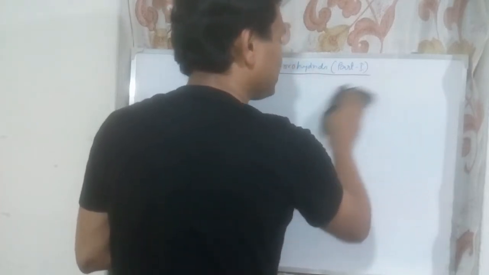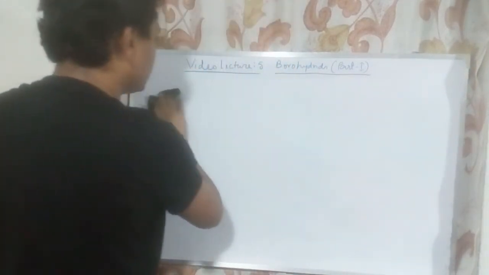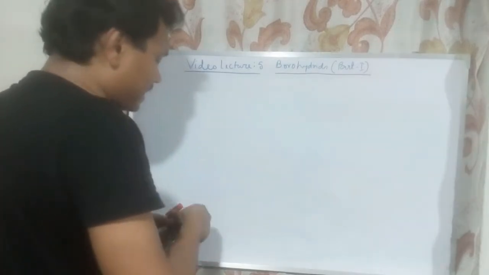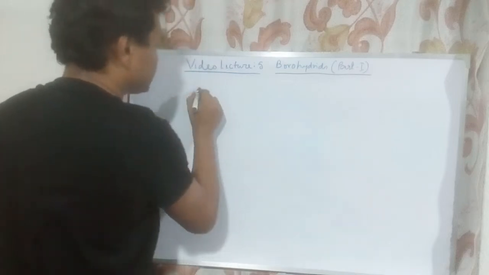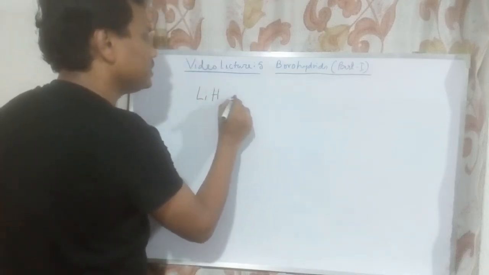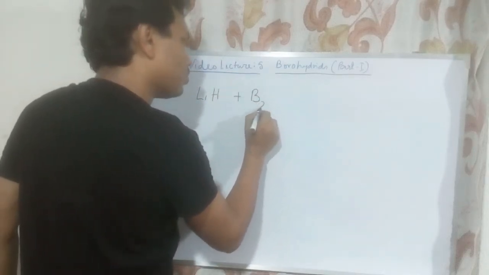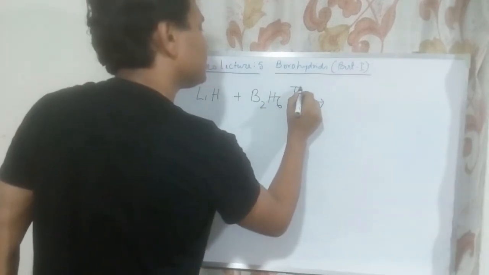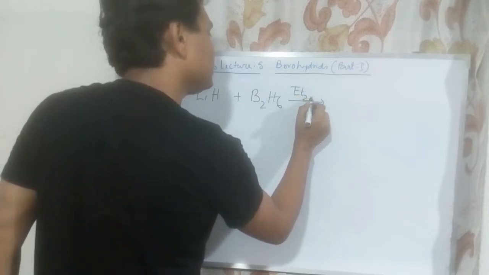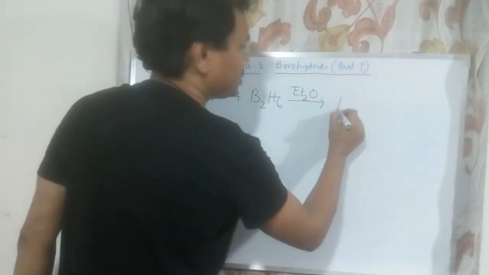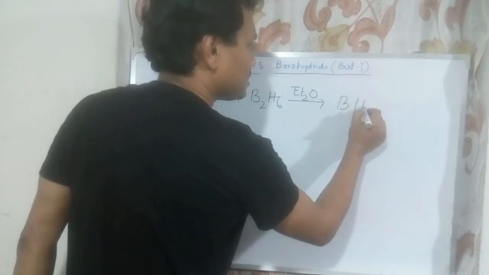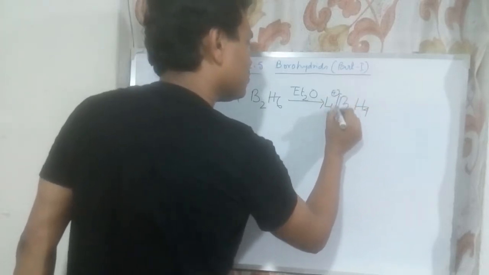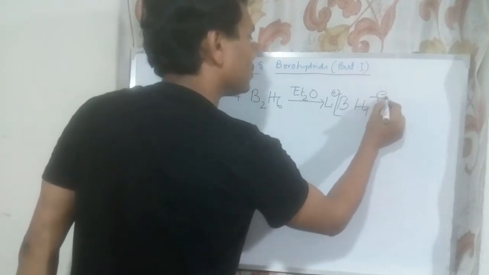That is exactly what was done initially to prepare borohydride reagent for the first time: by reacting lithium hydride with diborane, B2H6, in diethyl ether as a solvent, and it produces lithium borohydride salt.